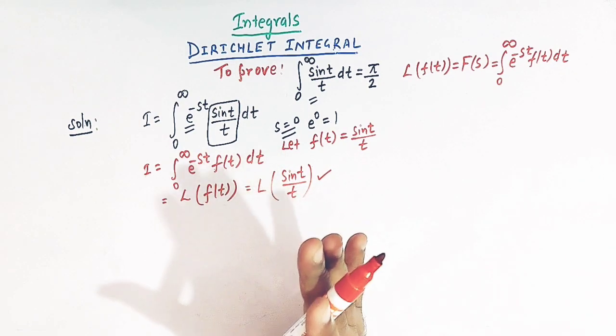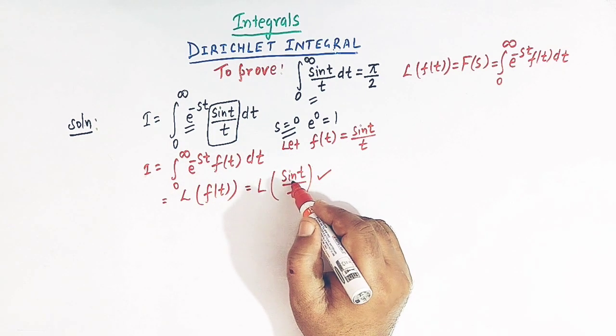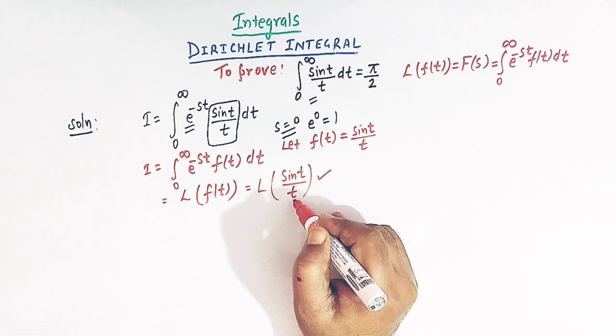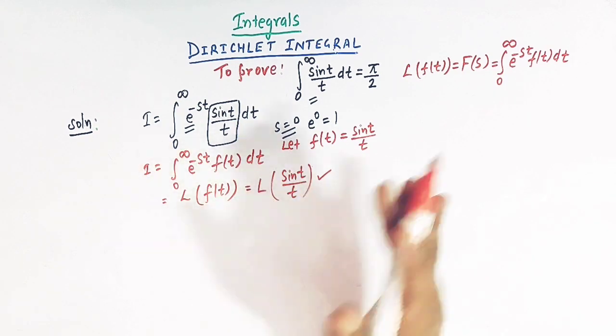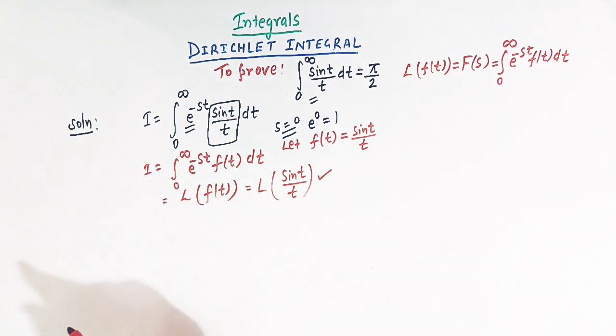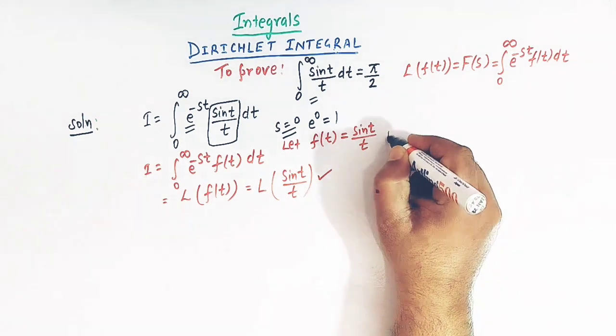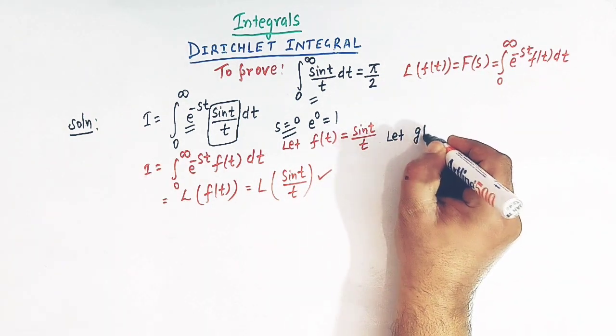So it implies that now we have to find the Laplace transform of this function sine t over t, so that value is equal to the value of this integral in terms of this parameter s, right? So now let us take this function sine t as g of t.